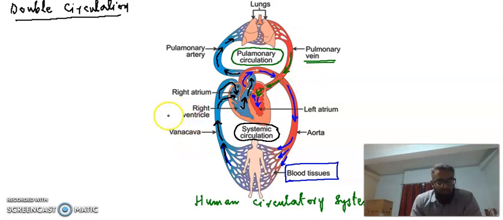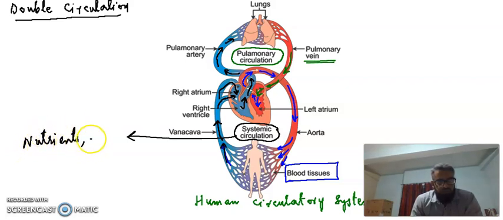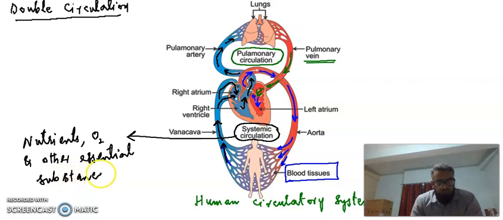Okay, the systemic circulation provides nutrients, oxygen, and other essential substances to the body tissues.